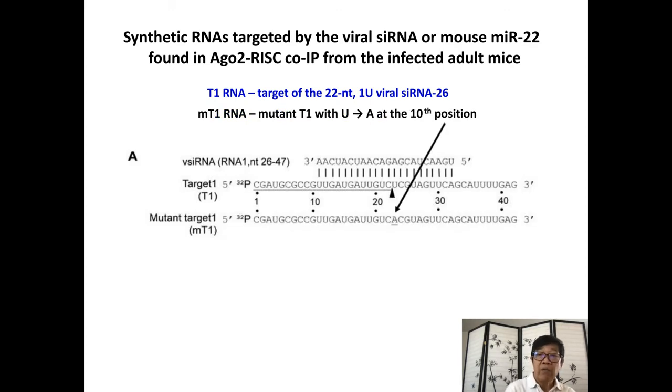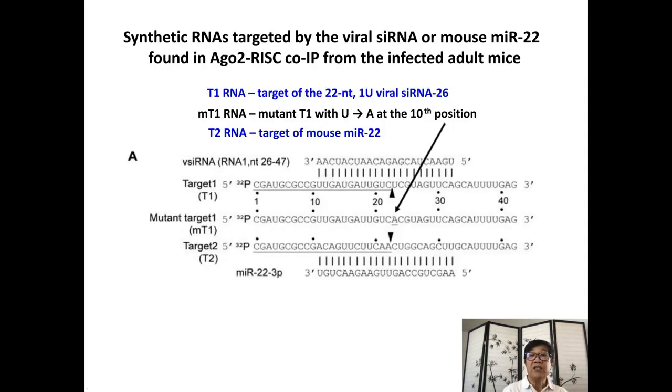As a negative control, we synthesize a mutant T1 RNA with only one nucleotide mutation from the T1. This mutation would disrupt base pairing at the 10th nucleotide position, known to abolish siRNA-directed slicing.